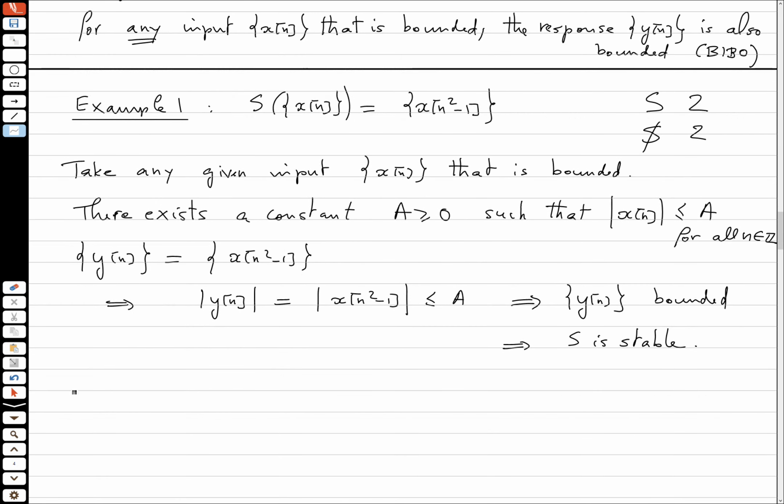Example 2. You understand the notation? Exponential?